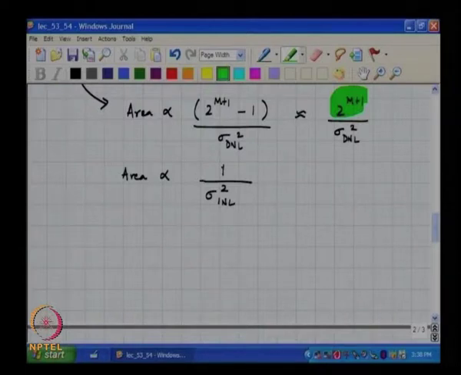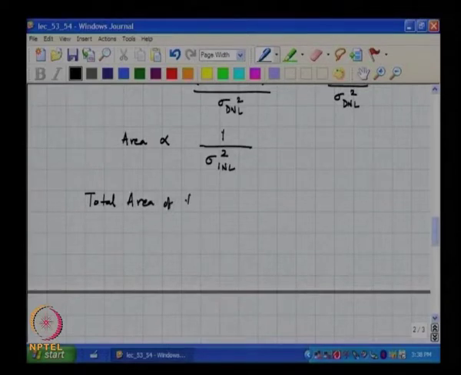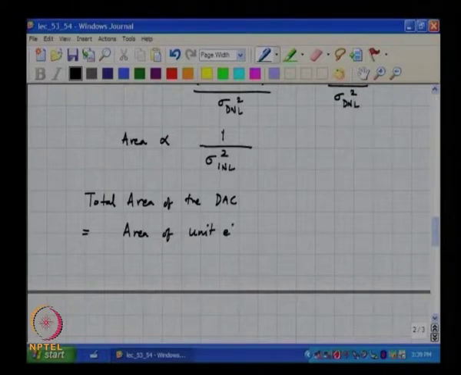On the other hand, the area in total is given by the total area of the unit elements plus the area of the decoder.